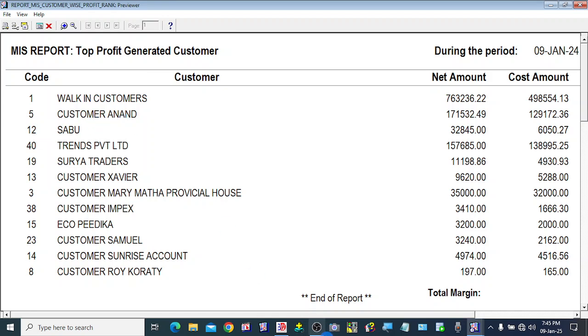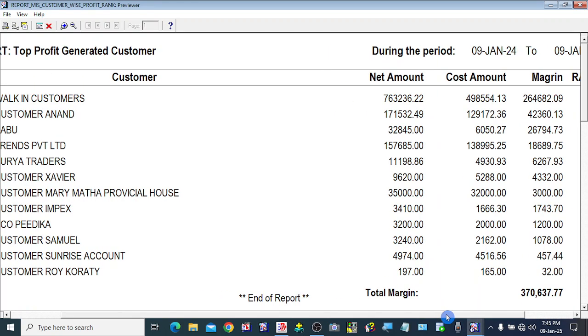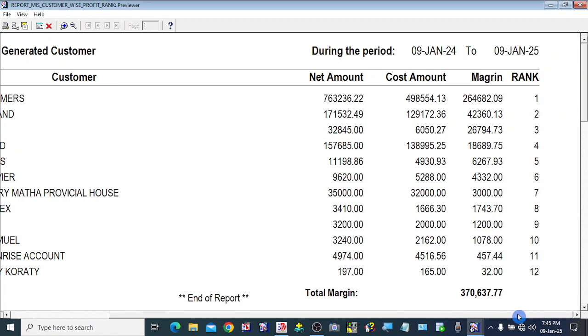In this, customer Anand is the second top profit generated customer. He has purchased goods worth 1,71,532. The cost amount is 1,29,172, and the margin we have generated from this specific customer is 42,360.